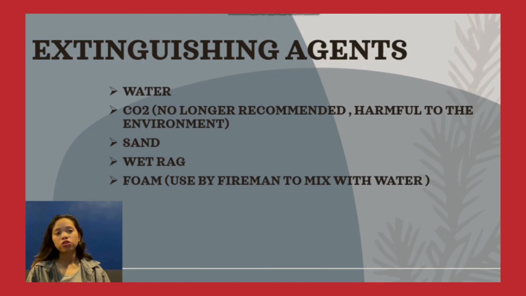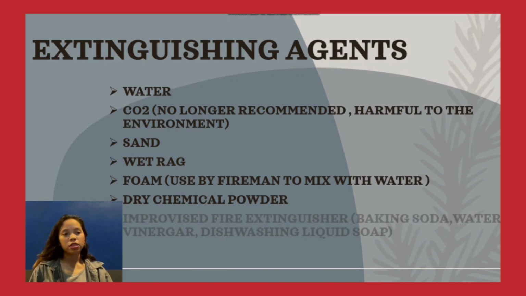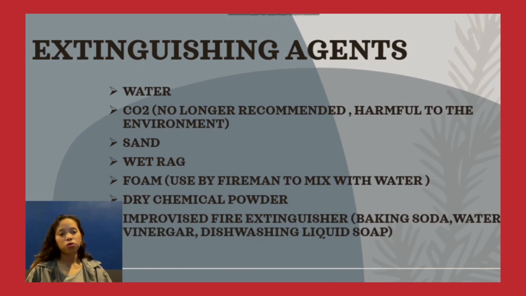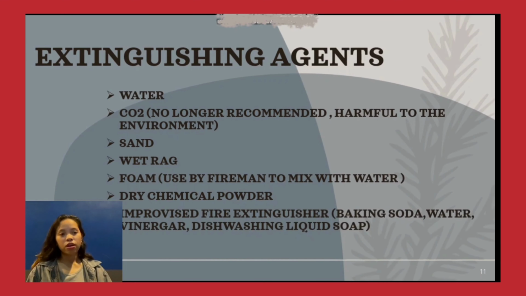These are actually used by firemen to mix with water. This is what they use during the operation when there are big fires or rescuing. We also have your dry chemical powder, and we can also see this when we use fire extinguishers. So we have the improvised fire extinguisher like mixing baking soda, water, vinegar, dishwashing liquid soap.